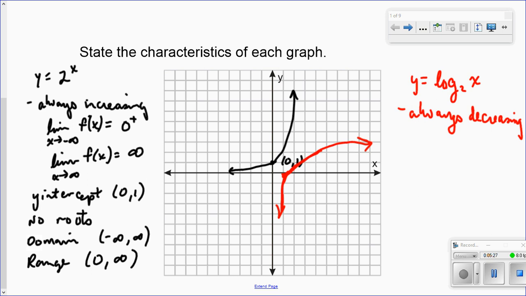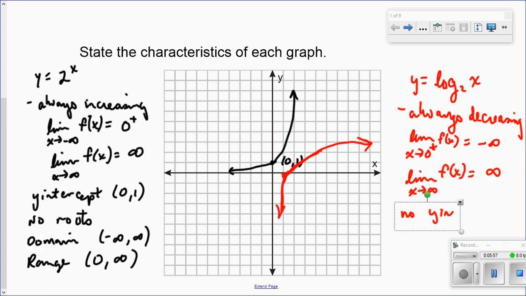My endpoint behavior: the limit as x approaches 0 from the right of my function goes to negative infinity. And my other endpoint, my rightmost endpoint, is the limit as x approaches infinity of my function, and that's going to infinity. I've got no y-intercept.